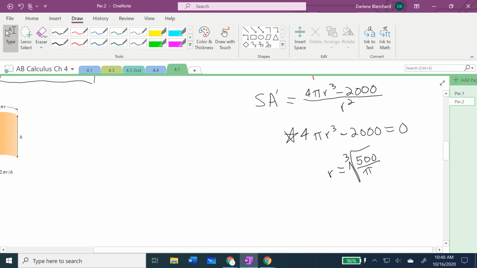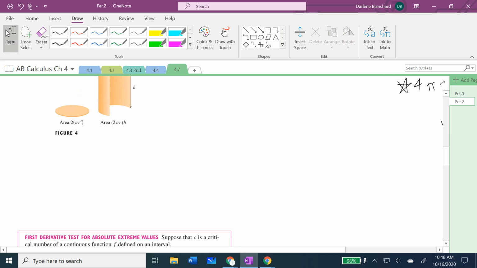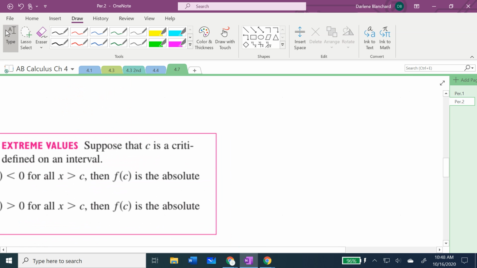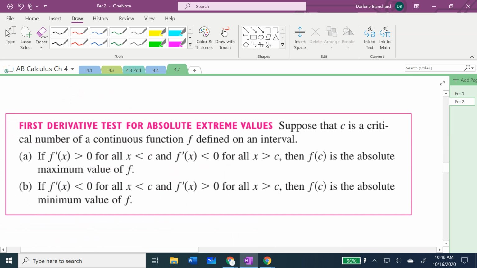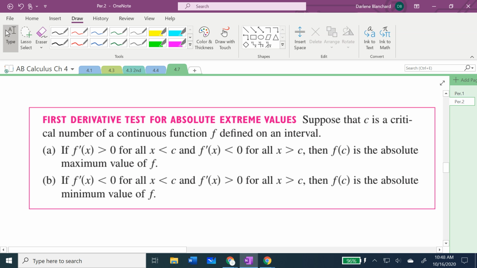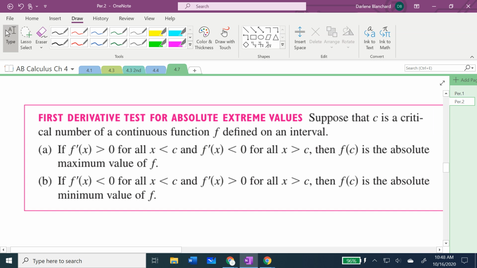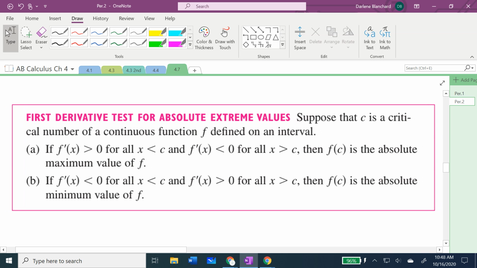If you have only one critical number, you can use this. And again, this is extremely important for those of you taking the AP exam. You may need to use this reasoning and have it be worth a few points that are very valuable.